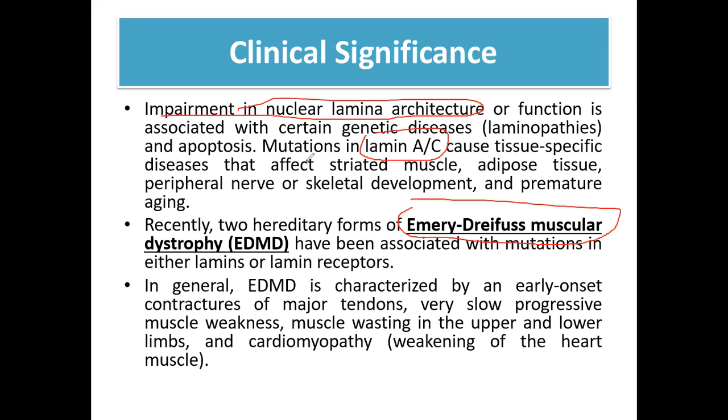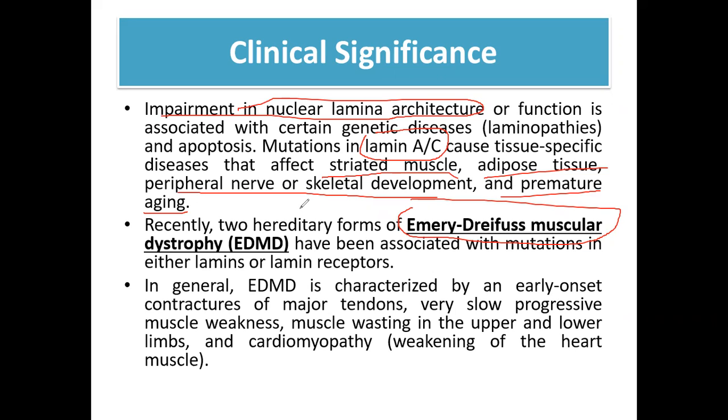And these actually now cause problems dun sa striated muscle, adipose tissue, peripheral nerve or skeletal development, and of course, premature aging. So bakit? Kasi nagkakaroon tayo ng problema doon sa mismong structure as well, of course, the attachment nung ating mga chromatin. Kasi sabi nga natin, 'di ba, yung nuclear lamina, it's very important in the attachment nung ating mga chromatin.